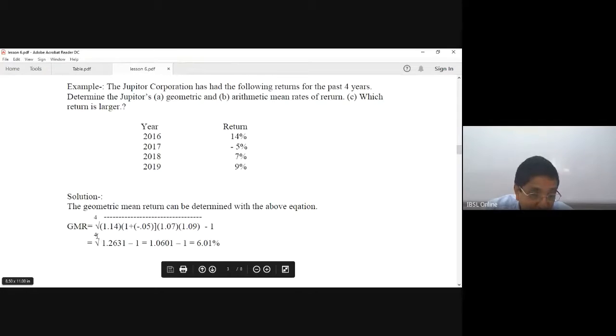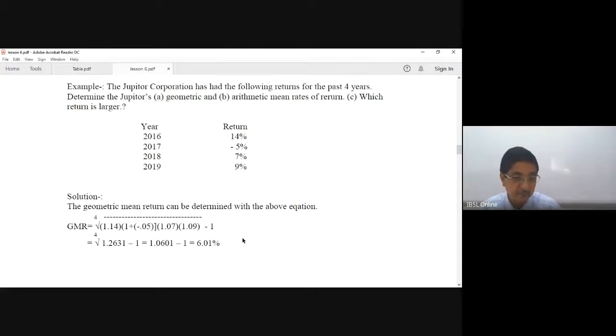And you are going to take the fourth root. The fourth root will come as 1.0601, minus 1. Now you might get an issue here. How are you going to get the fourth root from a calculator?